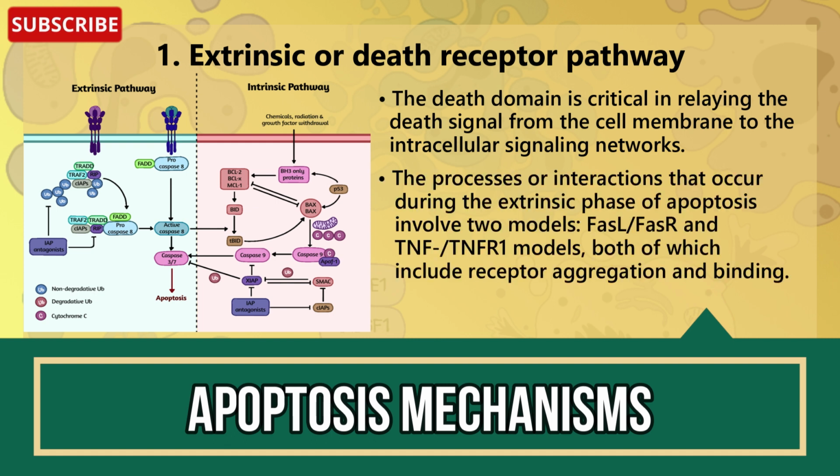The interactions that occur during the extrinsic phase of apoptosis involve two models: FasL, FasR, and TNF or TNFR1 models, both of which include receptor aggregation and binding.